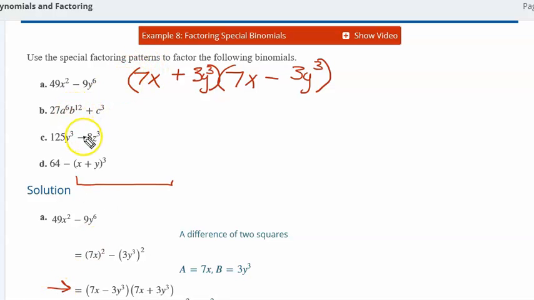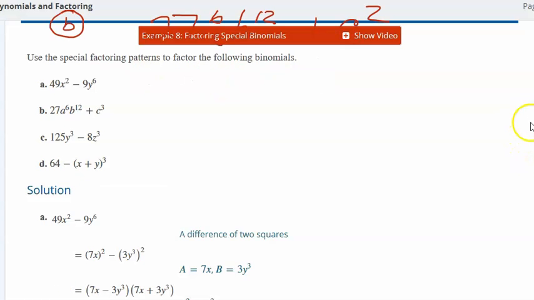Now these others are special factors of the sum of cubes, the difference of cubes. Now B and C are sort of straightforward. D, because it's a binomial, is a little tricky, and I'll do each one of these in some detail using the whiteboard and go over the recipe as well.